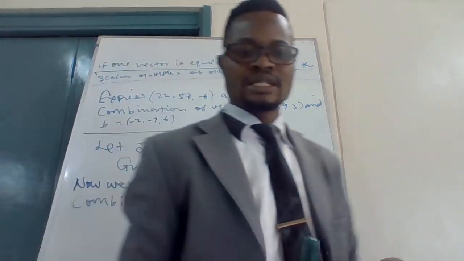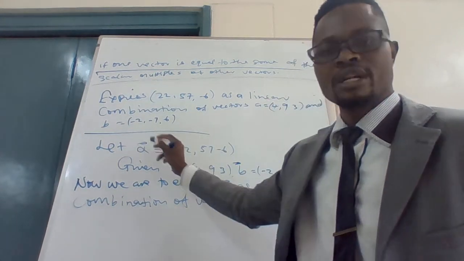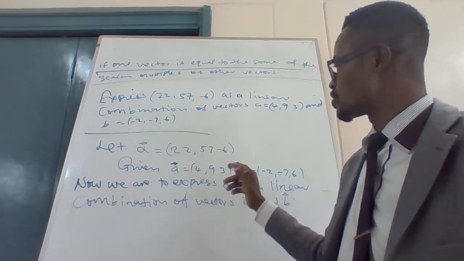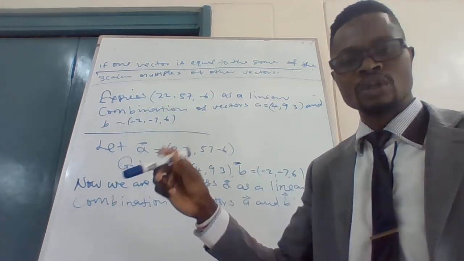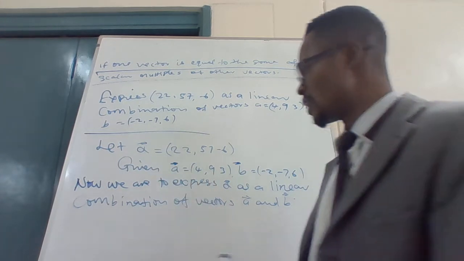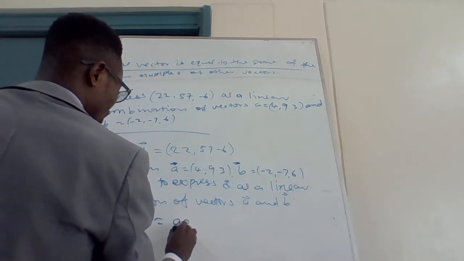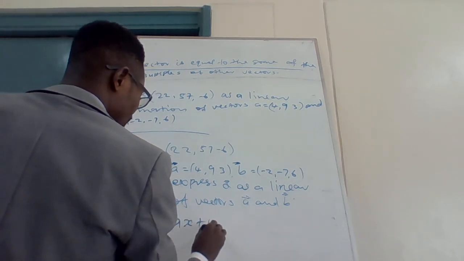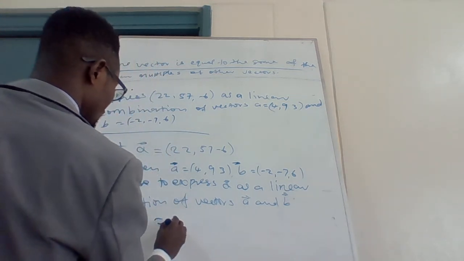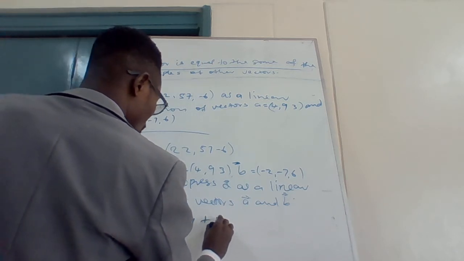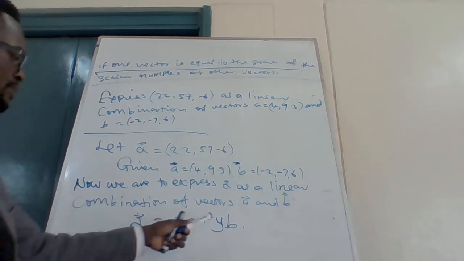And to do that, like I said in the beginning, this is abstract math, and having introduced an arbitrary element, which is alpha, we are going to introduce elements that will go along with these two vectors A and B. So we use x and y so that our vector alpha equals xA plus yB.